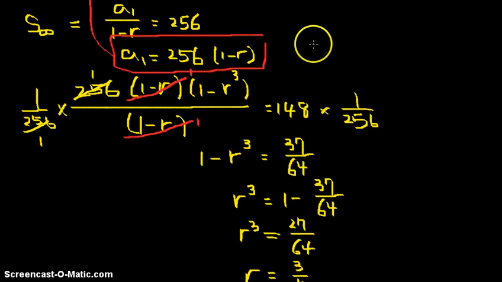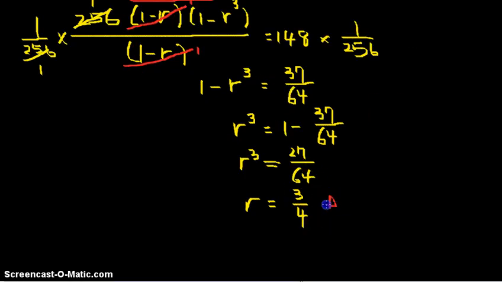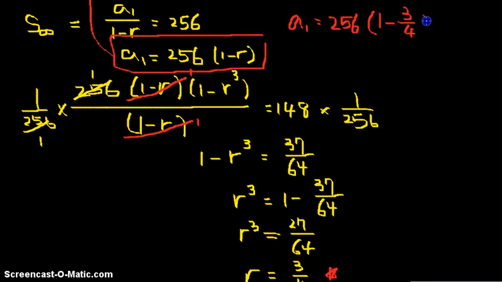So my A1 is equal to 256 multiplied by 1 minus R. My R was 3 over 4. So 1 minus 3 over 4, put that in your calculator, you'll get 64. So my A1 is equal to 64. My R is 3 over 4.